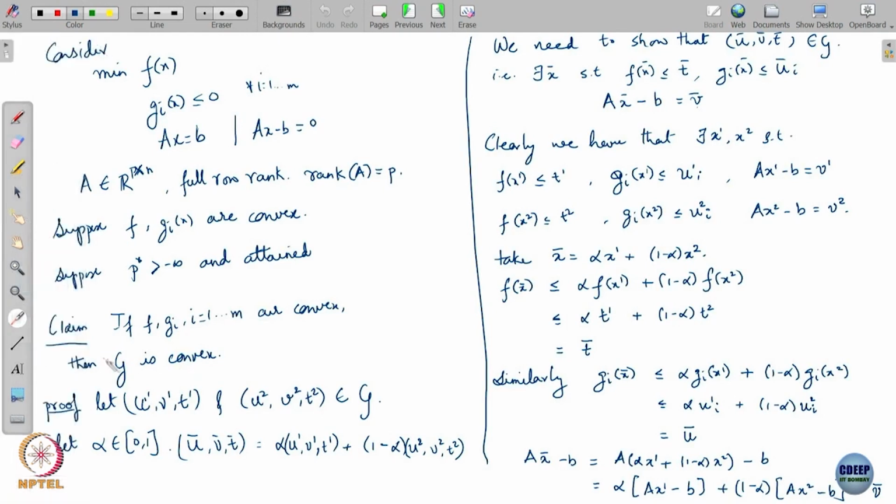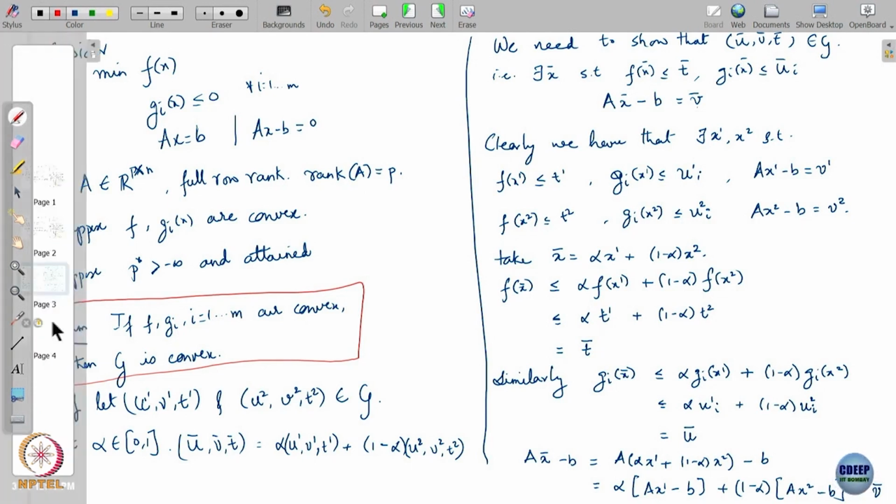We have shown this claim here. Just to make sure everyone is on track, the claim is that if f and these g_i's are convex, then this set G is also convex.